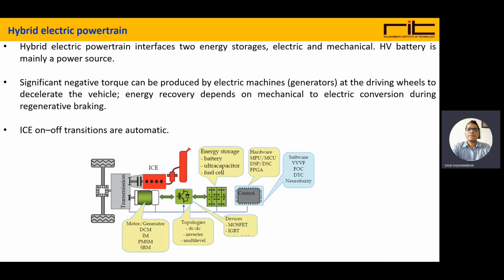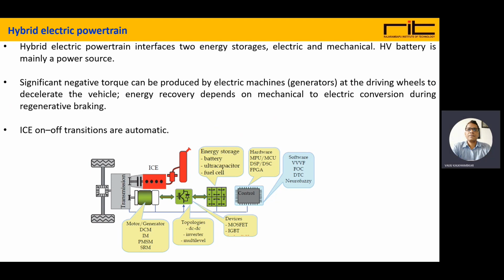Hybrid electric powertrain. The hybrid electric powertrain interfaces, as we have discussed, two energy storages, electric and mechanical. Also, there is a battery pack. Significant negative torque can be produced by electric machines, that is generators, at the driving wheels to decelerate the vehicle, and that is regenerative braking. The energy recovery depends on mechanical to electric conversion during regenerative braking.